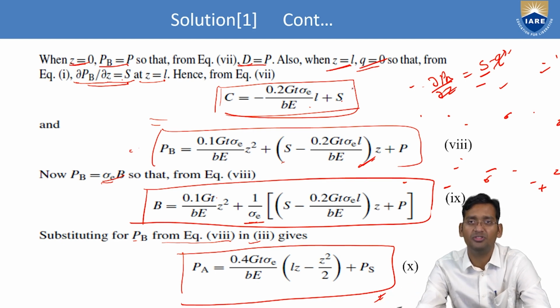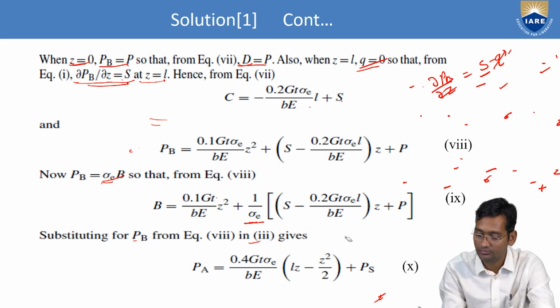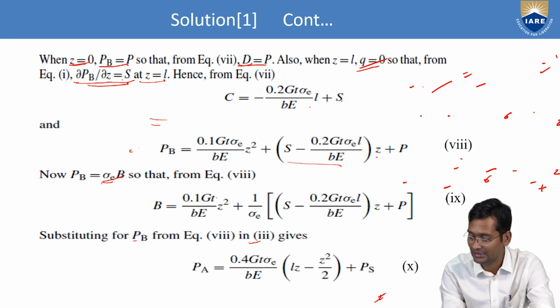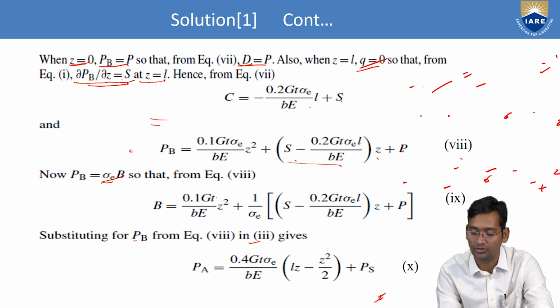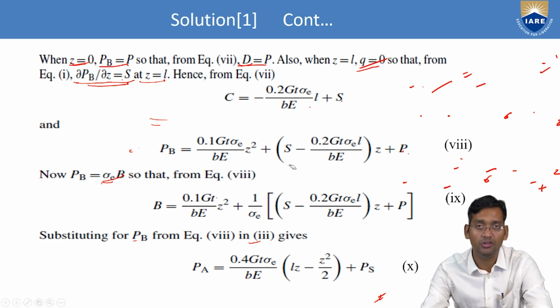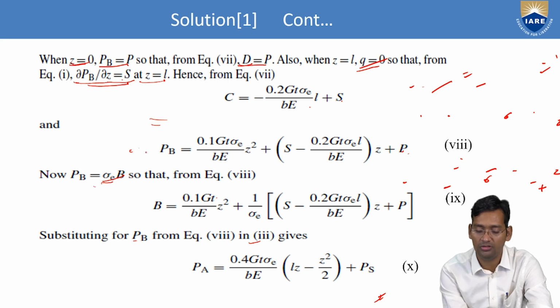Now just put the value of C and D here. So PB equals this into C, Z plus D. This is the C value, this is the D value. Now PB is what? Sigma E into B. So sigma E into B, just replace.